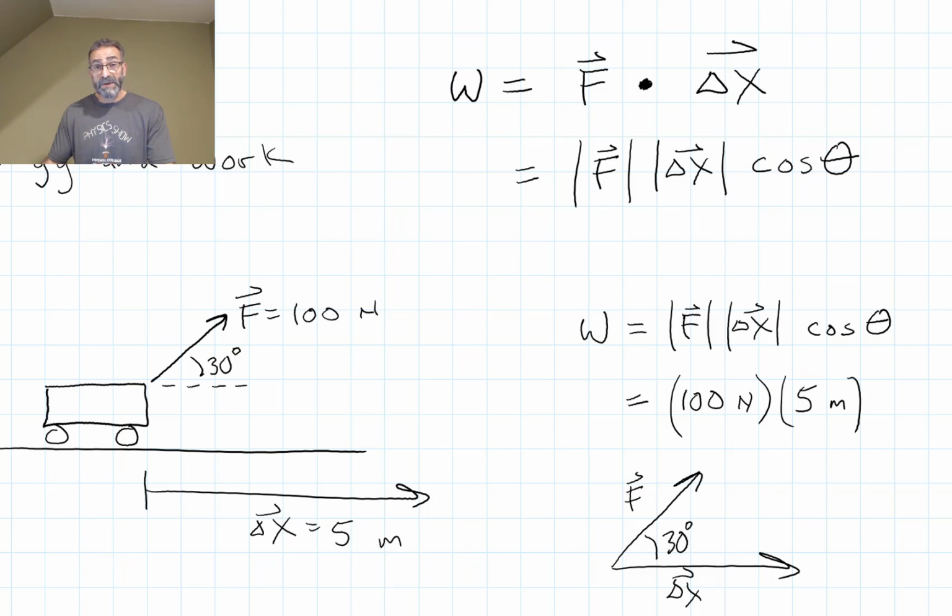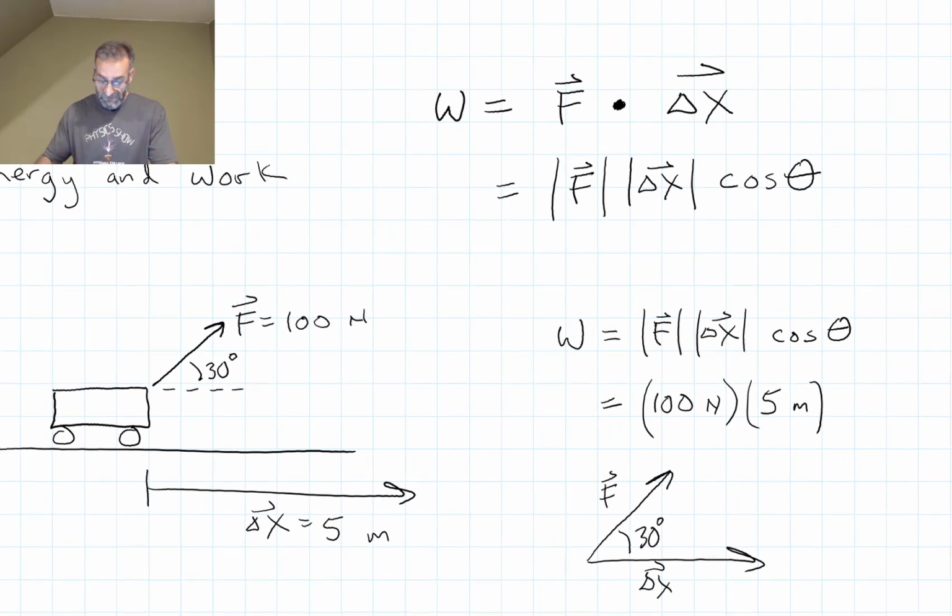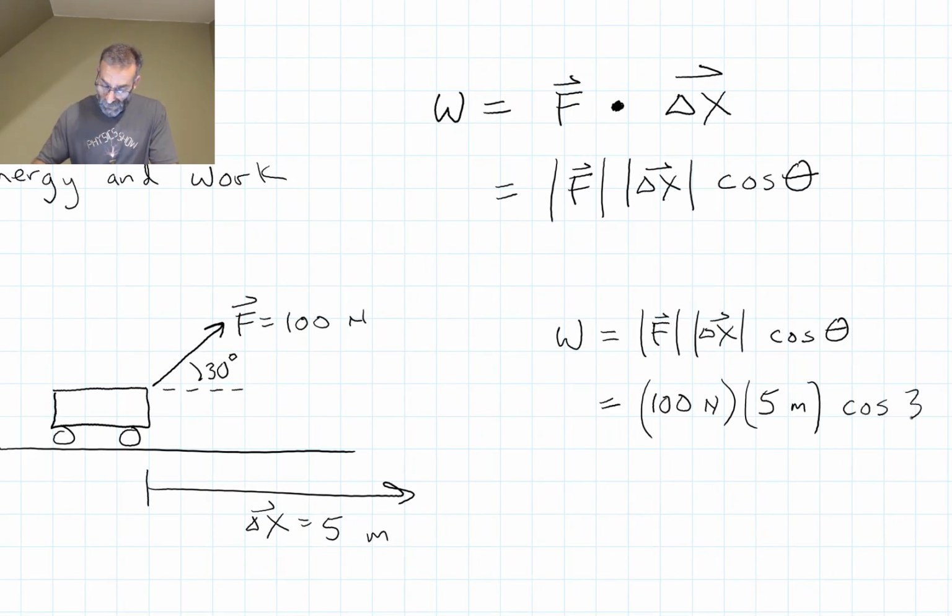The angle we get when we put the force and the displacement tails together. That gives 433 newton meters, which is a joule. 433 joules.